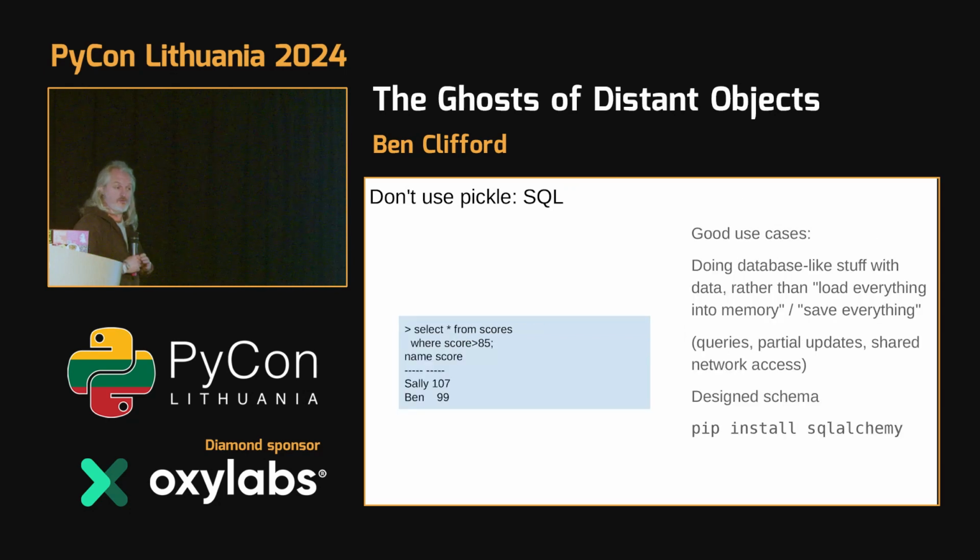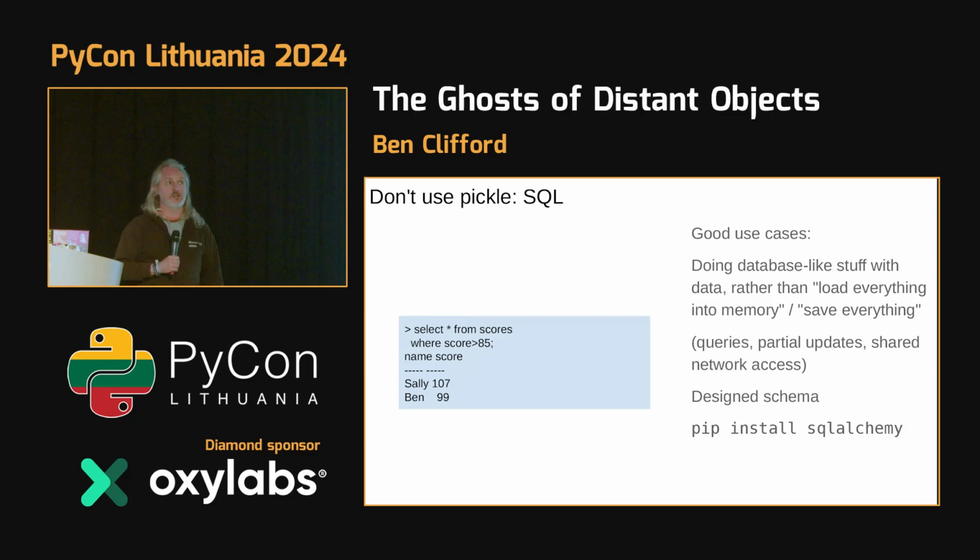Or you might go really complicated and store your data in a database. I think Django also helps you do this, I guess. I use a library called SQLAlchemy. And there you would have to design a schema for your data, maybe have a scores table, and then use something like SQLAlchemy to help convert your Python objects into something that lives in the SQL database. And where's that good?